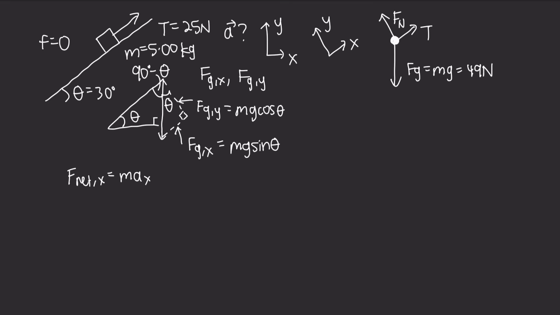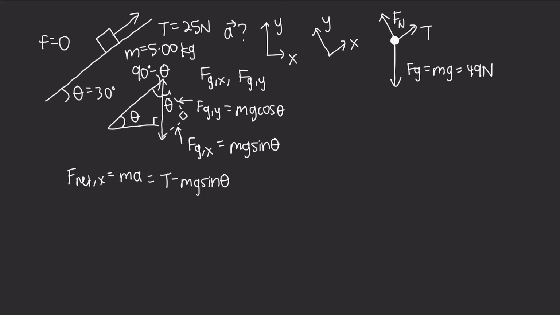So we can simply write a for the acceleration along the plane to make it a little bit simpler. And because the tension force is in the positive x direction and the component mg sine theta is in the negative x direction, we can write this as T minus mg sine theta.